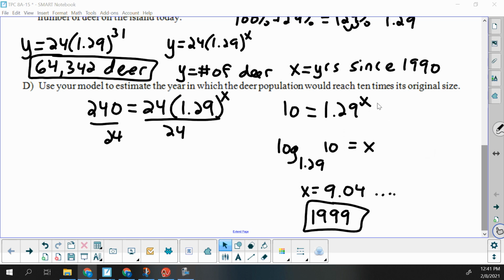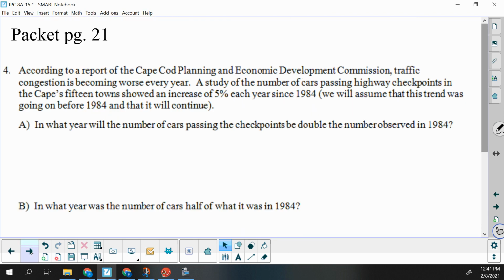So today in class, we're going to be on the next page. So this is on page 21 in the packet. According to the Planning and Economic Development Commission, traffic congestion is becoming worse every year.